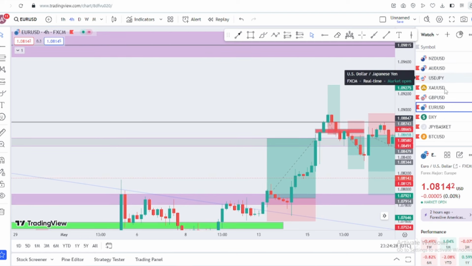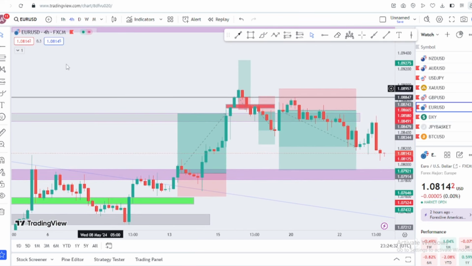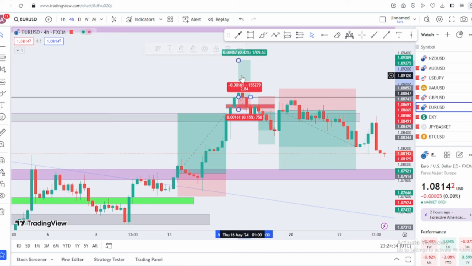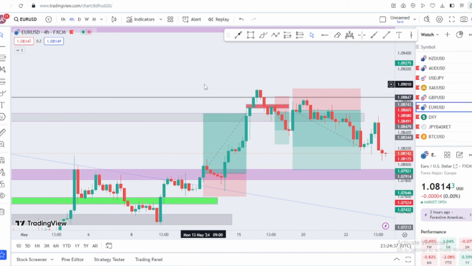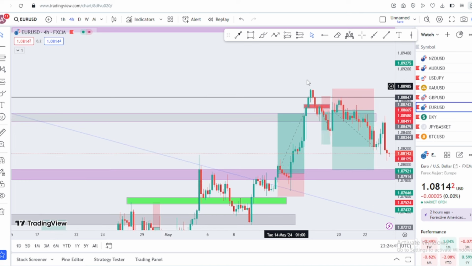Let me also show you another illustration. Before then, you can see this is EUR USD. Since you understand the logic of support and resistance and false breakouts, if I was to trade this, I would have waited for price to come out of the breakout and retest that area.